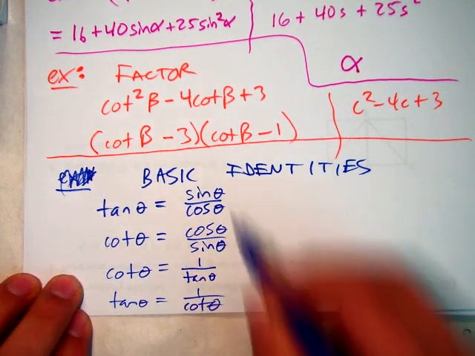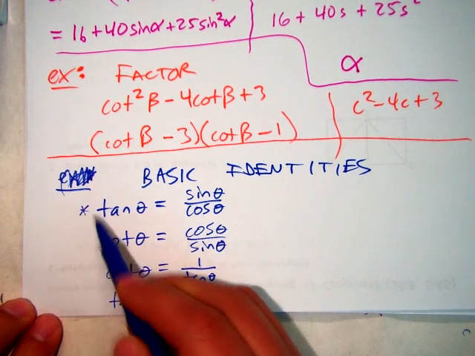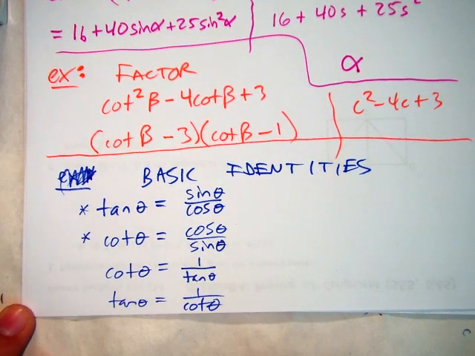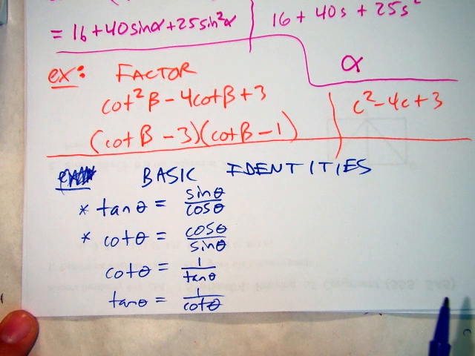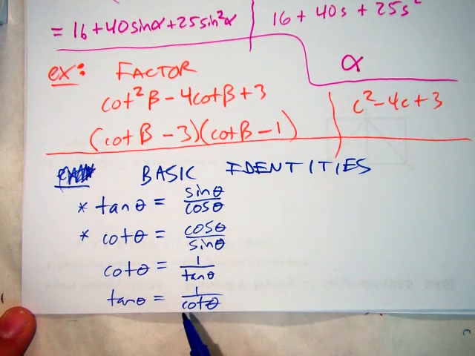These are all the same. The good news is you already have these memorized. It's just now instead of using x's and y's, you're going to actually use the names. Why is it 1 over? Tangent and cotangent are reciprocals, right? Yeah.